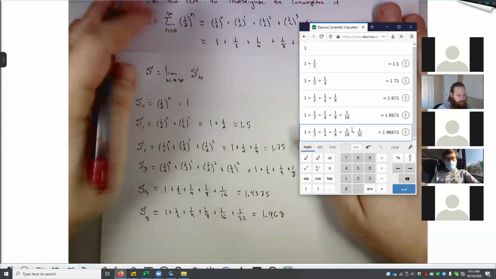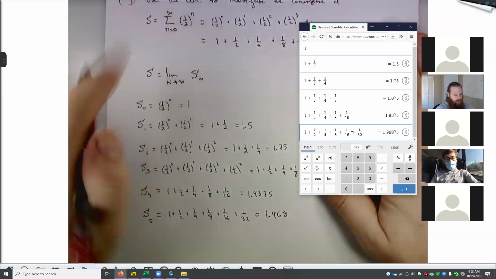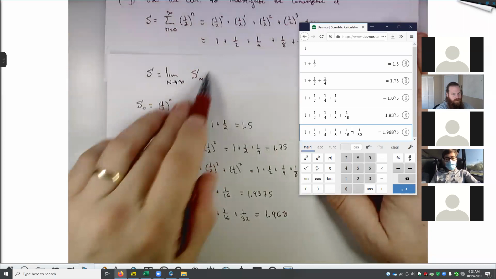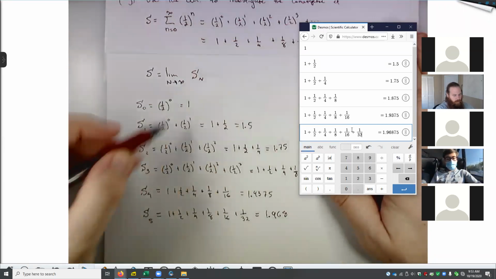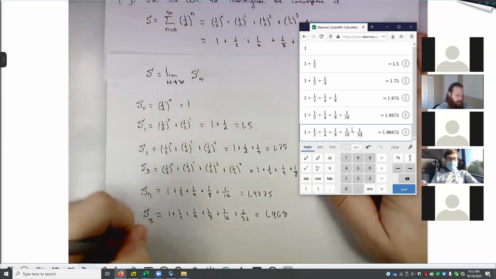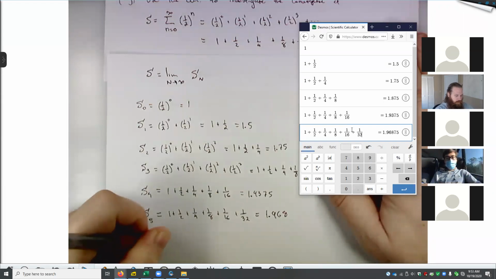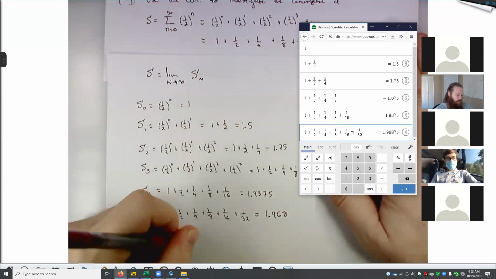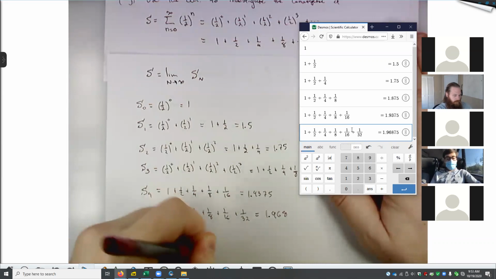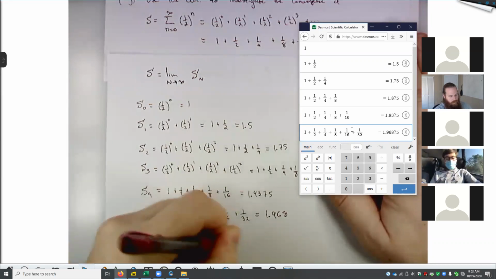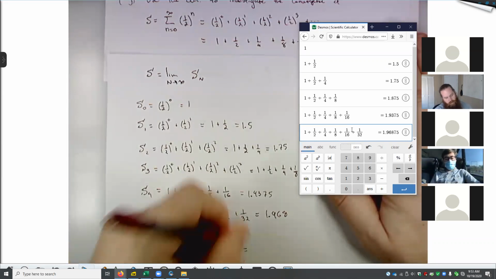So remember, the full infinite series S is the limit of the Sn's. And here we've calculated the first few Sn's. It appears that the limit as n goes to infinity of the Sn's is 2.